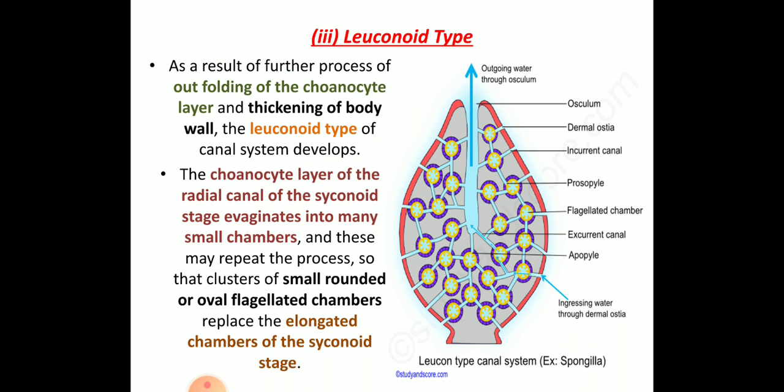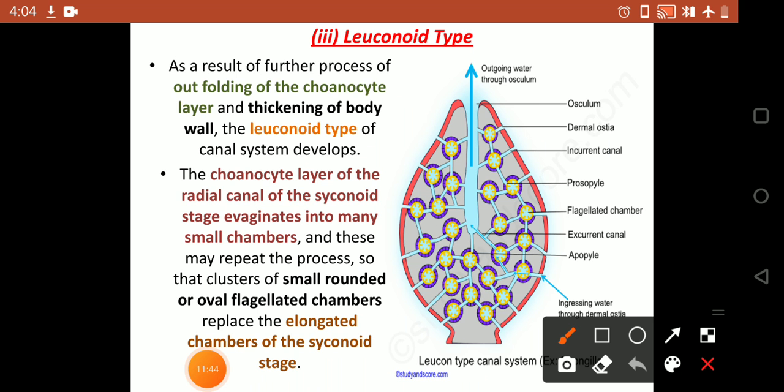So leuconoid is the major modification of both asconoid and syconoid. Here the choanocyte layer or radial canal of syconoid stage invaginates into many small chambers. You can see there are small chambers inside the canal system. These are nothing but small canals everywhere.